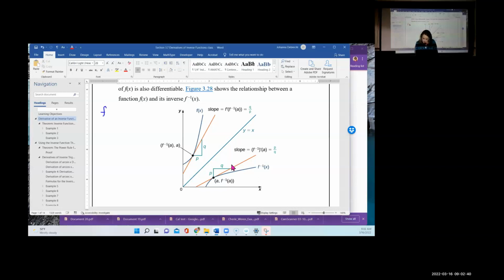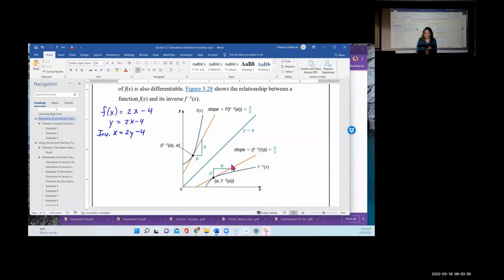So let's say that we have, for example, a function like 2x minus 4, and we want to find the inverse function to it. We take y equal to 2x minus 4, and then to find the inverse, we label it inverse, and then we swap the x and the y variables. Hopefully this is review for you from algebra.